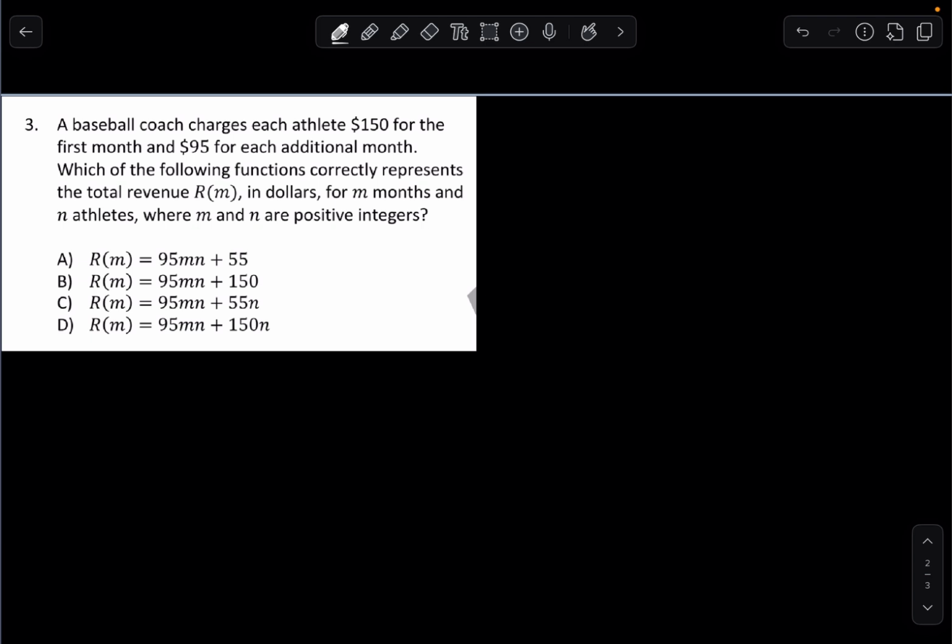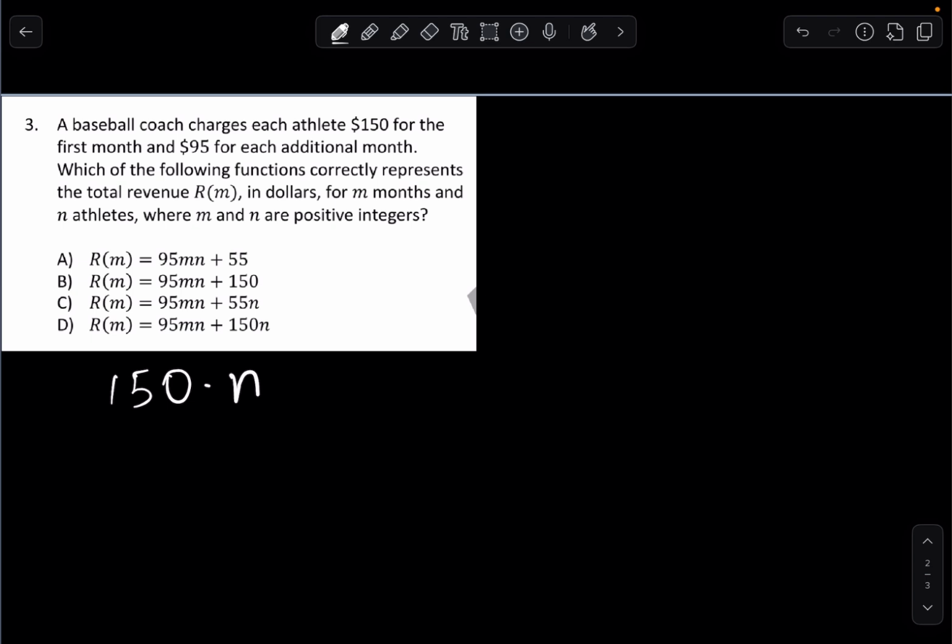So the question says that a baseball coach charges each athlete $150 for the first month and $95 for each additional month. So if we have n athletes for m months, how much does the coach get? We should find that. So in the first month, the coach will get $150 times n, right?